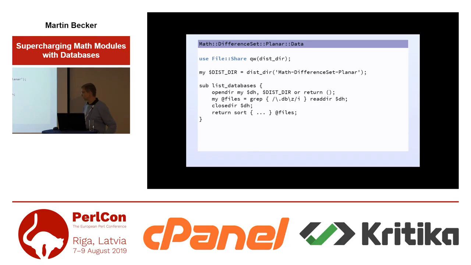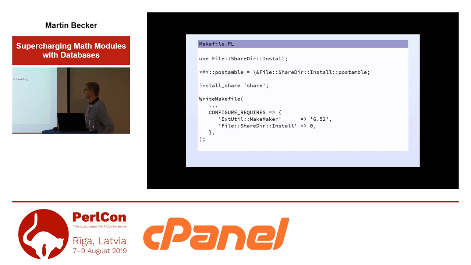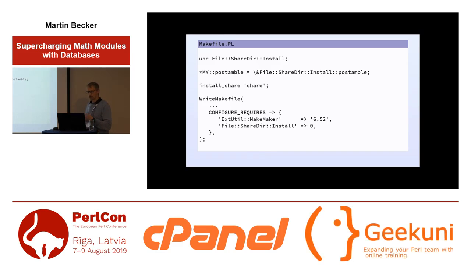Now, the complement, the other side, where to put. You need a little bit of boilerplate and the module File::ShareDir::Install in your Makefile.PL, so that it is arranged that at install time, your data is copied from the local share directory to wherever the platform wants shared directories to be.